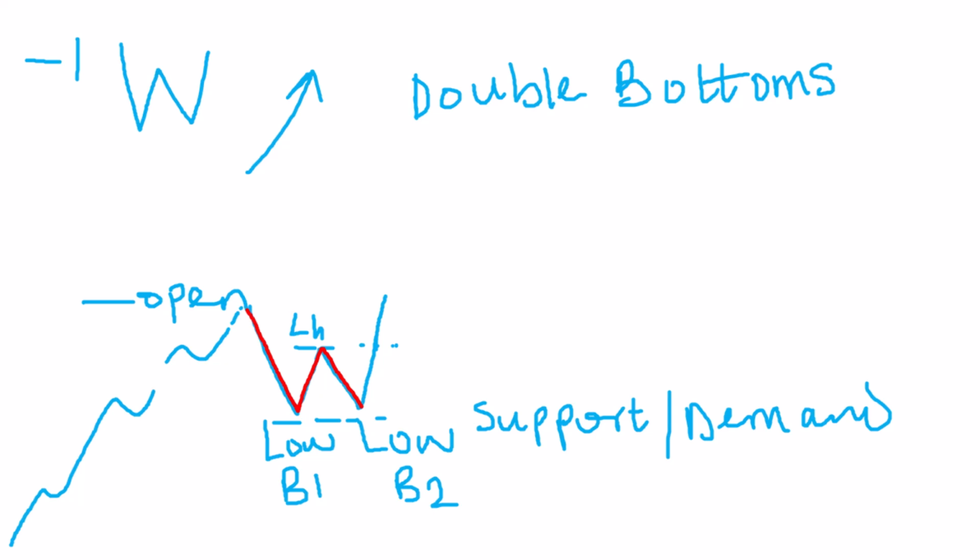The corrective move got to an end at the second low, and the impulsive move continues up. Now the place of entry is at this break of the low high swing, entry right here. So if you are trading a double bottom in an uptrend, it necessarily doesn't need to give you a retest.